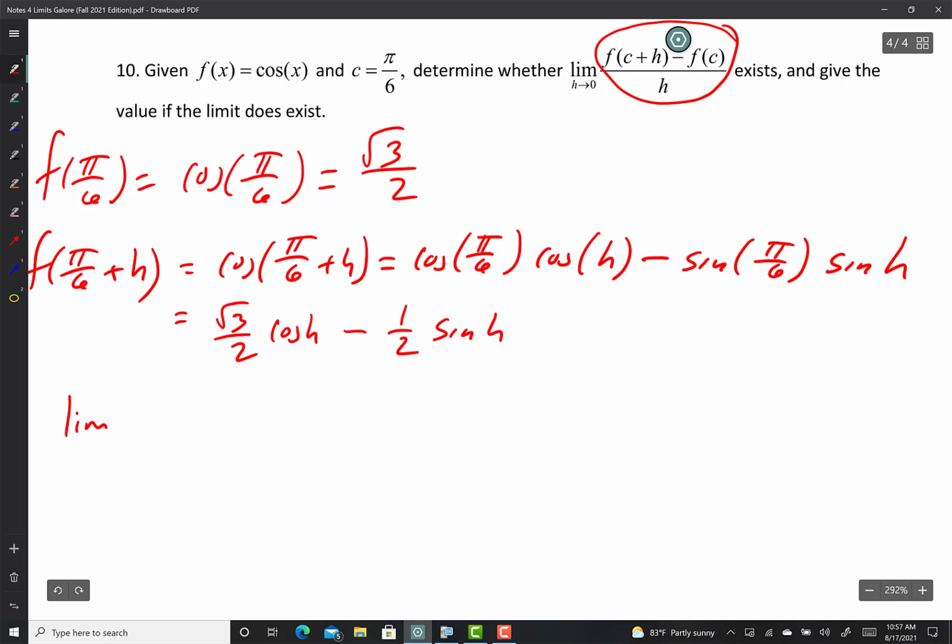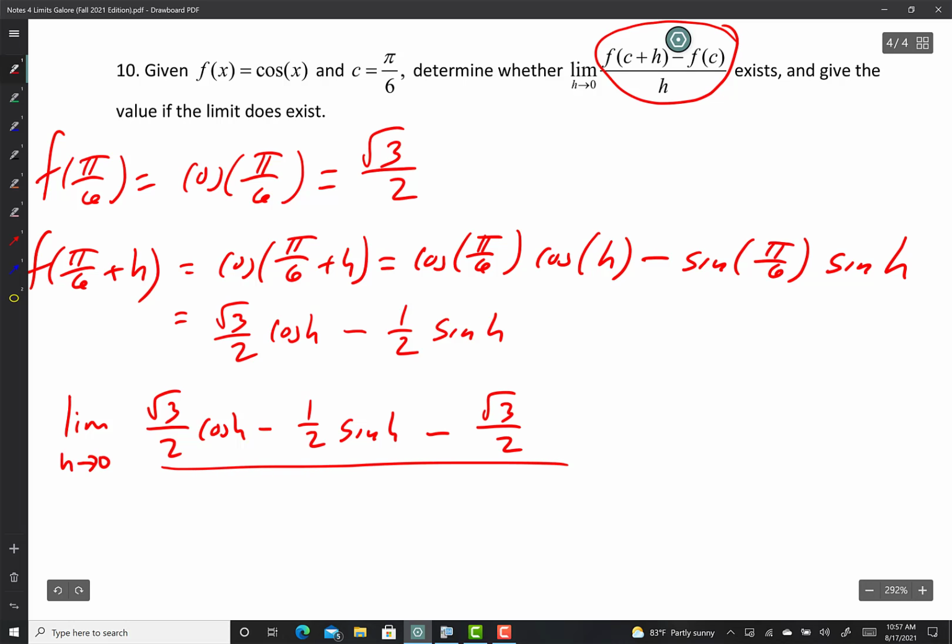The limit as h approaches 0 of square root of 3 over 2 cosine h minus 1/2 sine h minus square root of 3 over 2, and all this is over h. That's the f of pi over 6. You know what I mean?